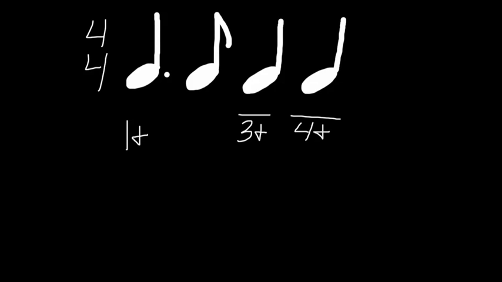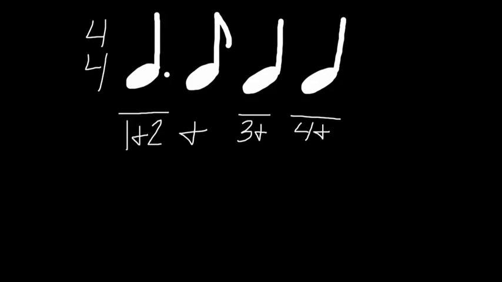Remembering back to the dot rule, the dot is worth half the value of the note it is attached to. A dot that's attached to a quarter note like this is worth 1/8 note. So that is worth 1 of these syllables that we say. So I'm going to add 2 right here. That takes care of the 3 syllables for this beat. There's only one thing left over. Do you know what it is? We have 1 and, 2, 3 and, 4 and. All we're missing is the and for this beat.